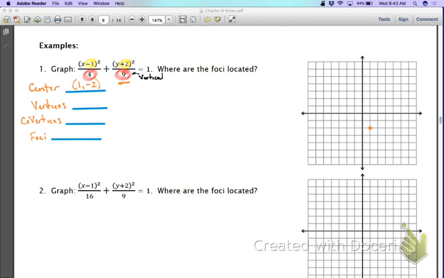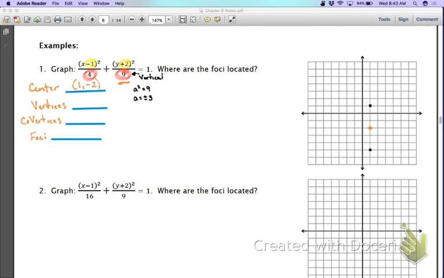Then worry about those two values. I'm going to have a squared equal to 9, so a is equal to plus or minus 3, just like before. But now the only thing different is I'm going to go up 3 from my center, and down 3.